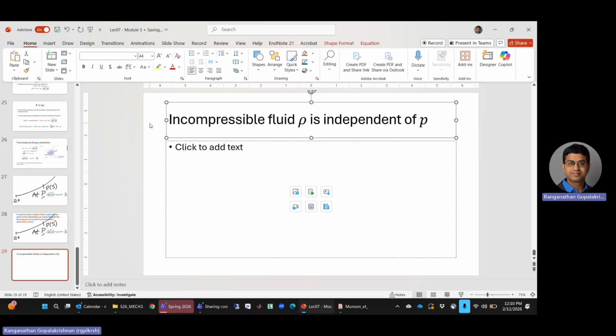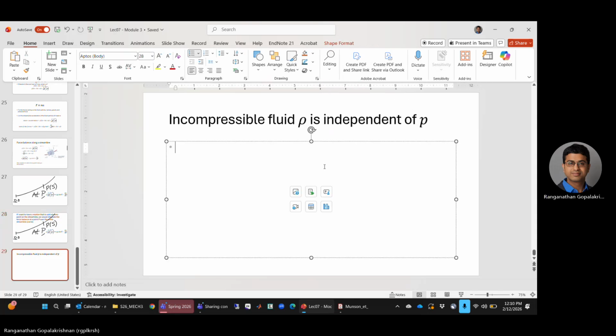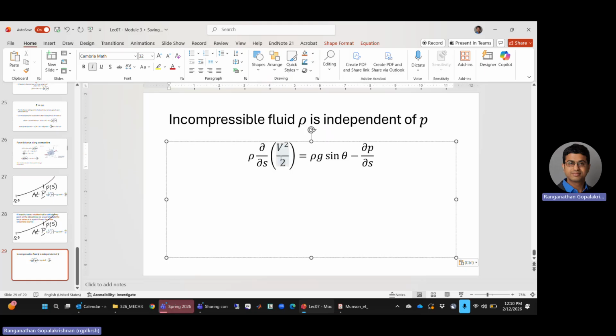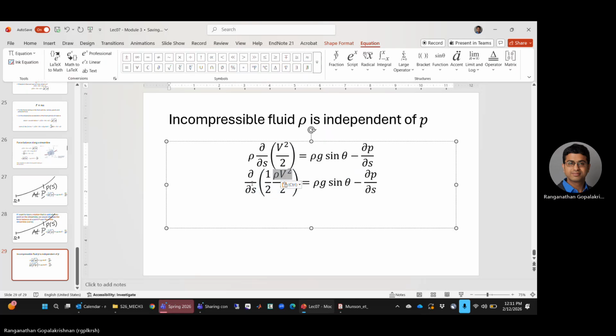Look up, please. For an incompressible fluid, density doesn't depend on pressure, which means I'll start with this relation at any point. If density is just a constant, I'm going to do a little bit of an adjustment and, instead of writing rho times this function, I'm going to call it 1/2 rho v squared.